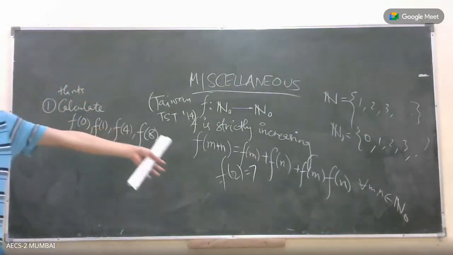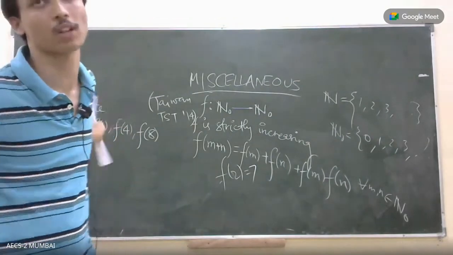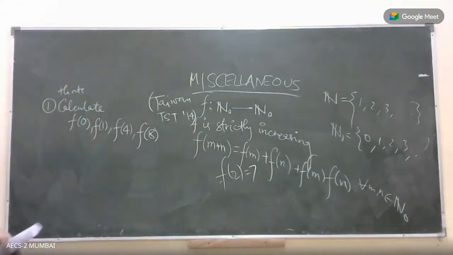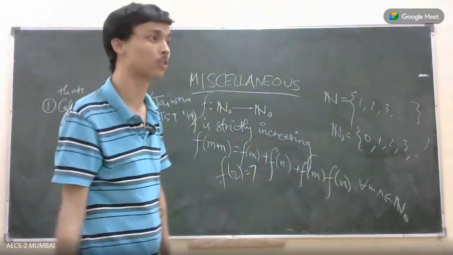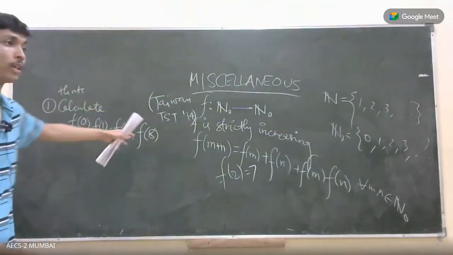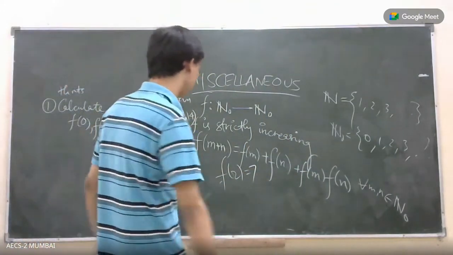The key to solving functional equations is just manipulating, right? But here there is not much you can do. When you are not sure what you have to do, just put in values and check what you get.